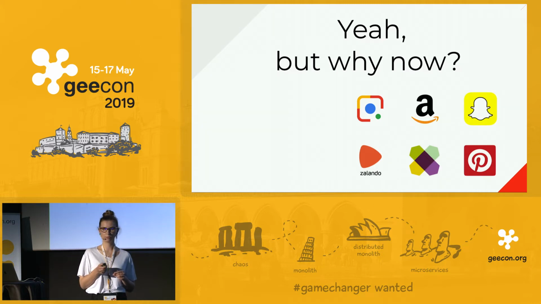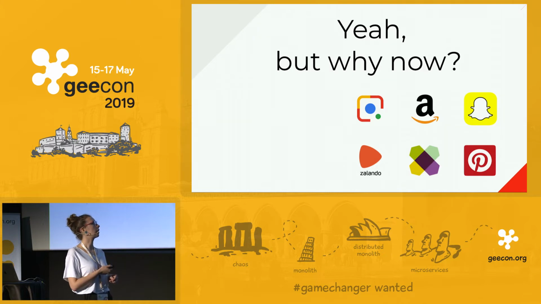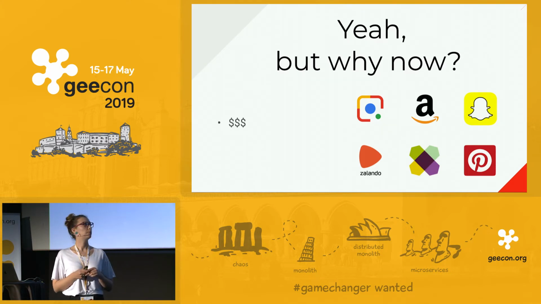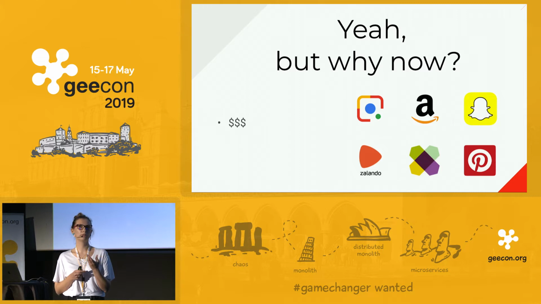And if you think of companies like Zalando, Amazon, Wayfair, they sell furniture online, it's obvious that they are interested in visual search because of money. But if you think of Snapchat, for example, or Google Lens, do you think of them as e-commerce companies? I don't.